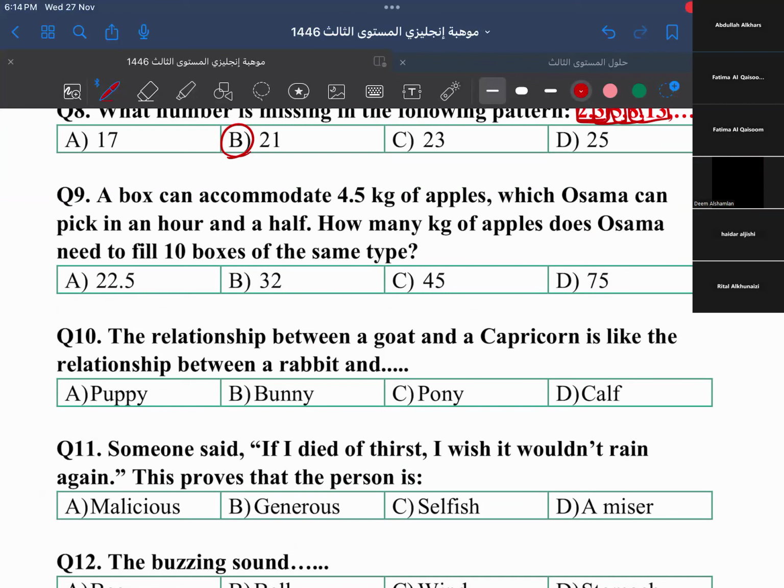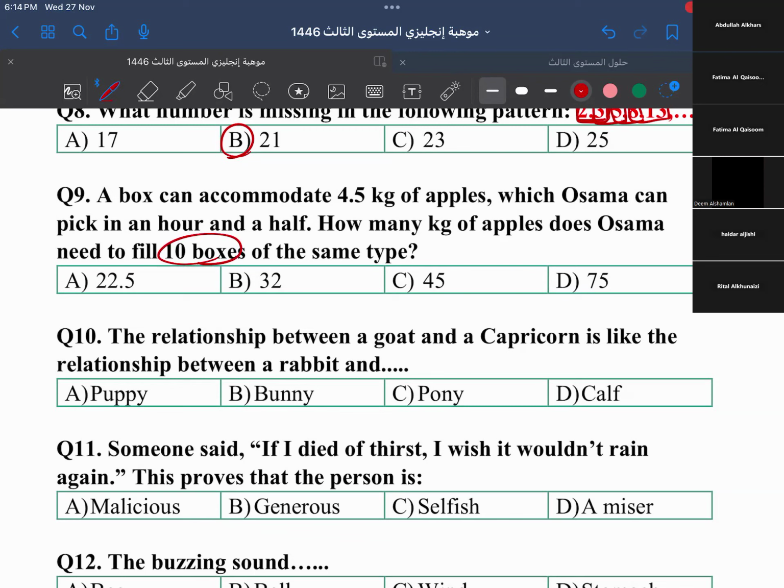A box can accommodate 4.5 kg of apples, which Osama can pick in an hour and a half. How many kg of apples does Osama need to fill 10 boxes of the same type? So in one box, it fills 4.5 kilograms of apples. So how many kilograms do I need to fill 10 boxes of them?